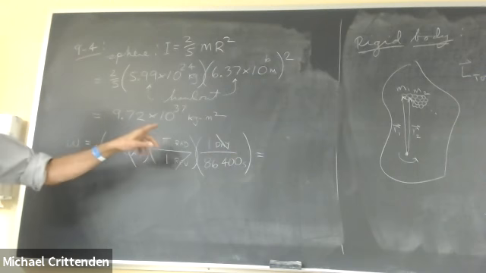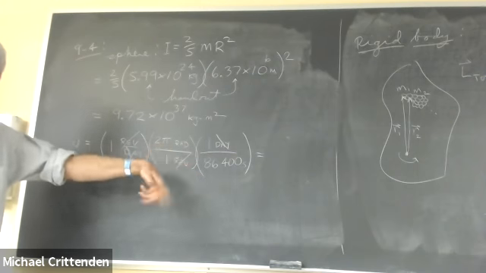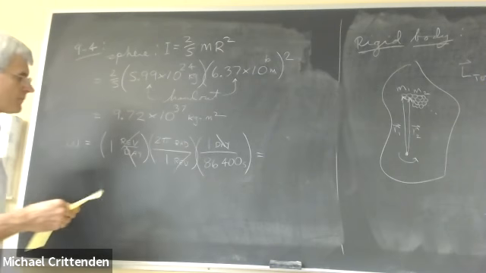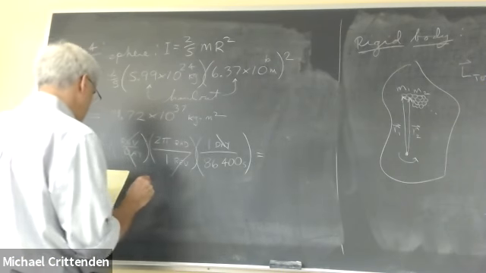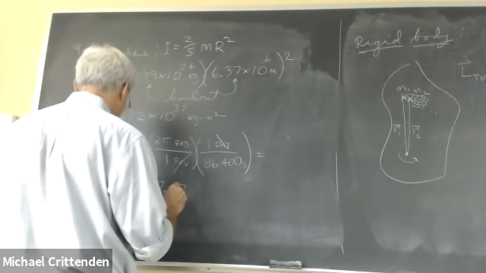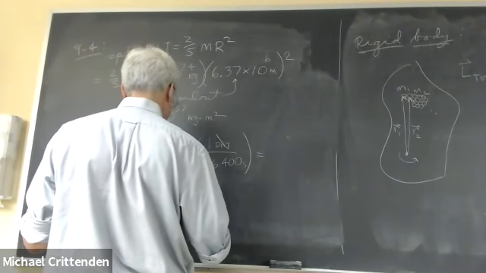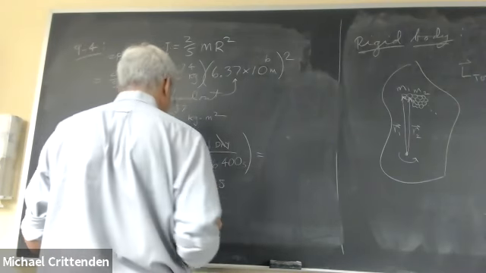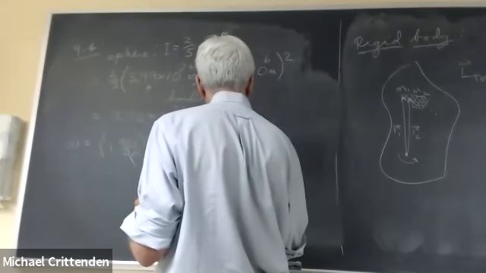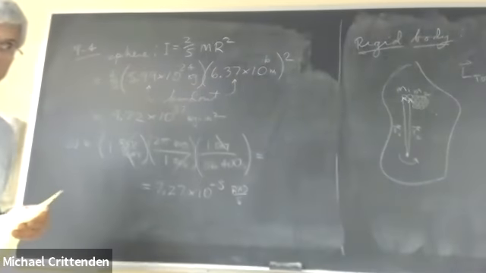So 2 pi divided by 86,400, which is 24 times 60 times 60. That comes out 7.27 times 10 to the negative fifth radians per second.